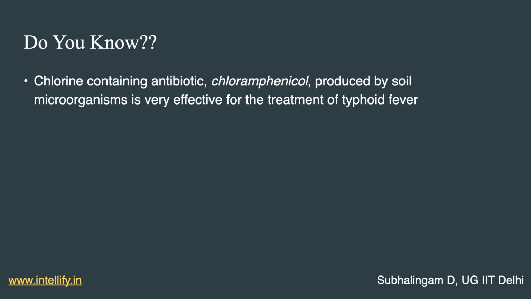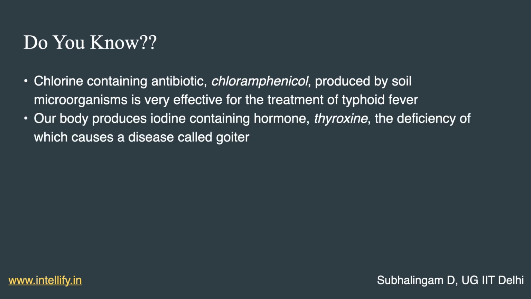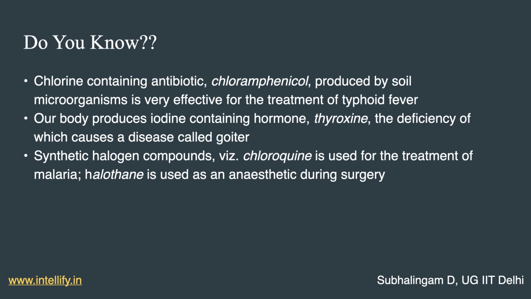And so first example we have chloramphenicol, that is an antibiotic produced by soil microorganisms, and it is used for treatment of typhoid fever. Our body produces iodine containing hormone, which you all know is thyroxine, and deficiency of this can cause goiter. The first two are naturally produced halogen containing compounds.